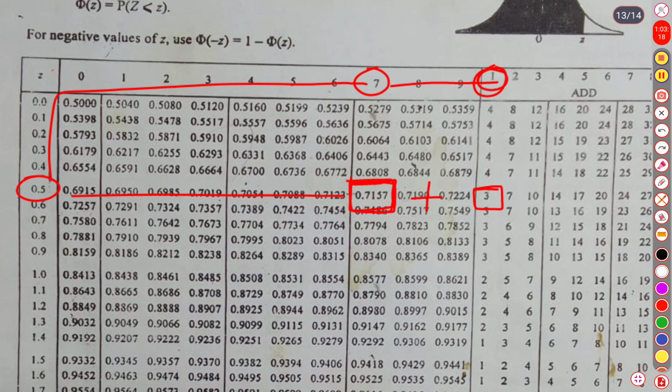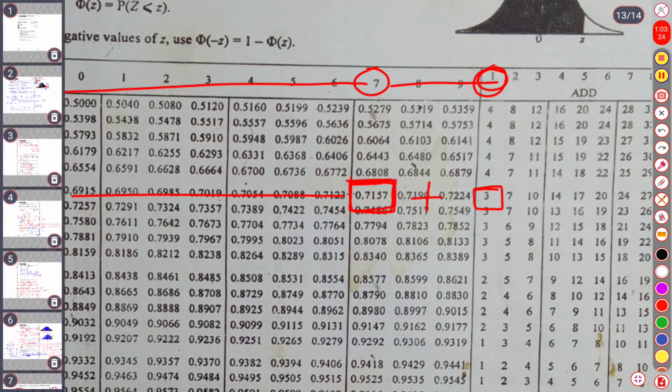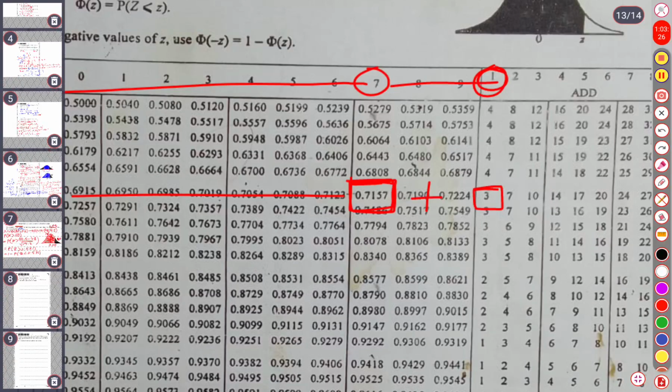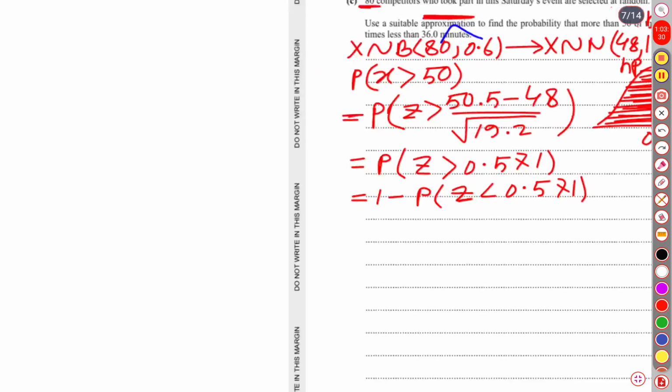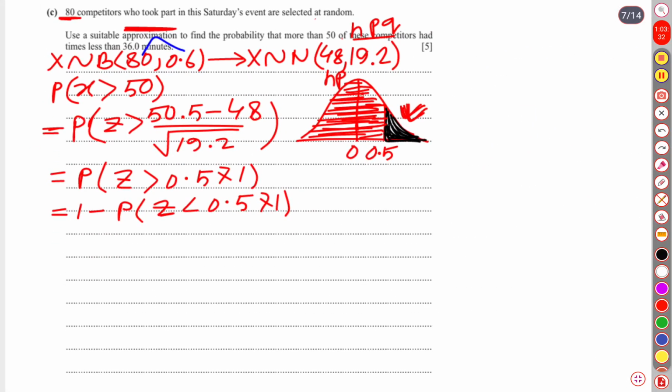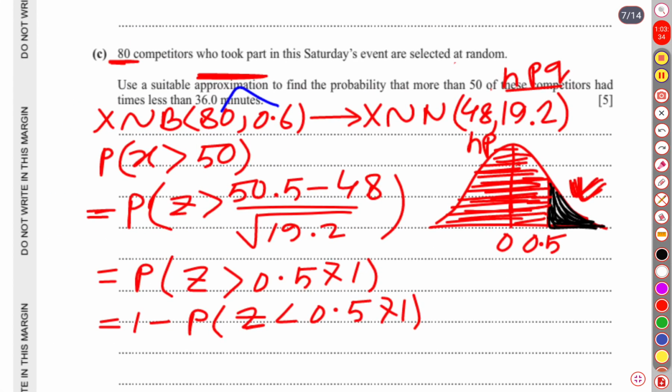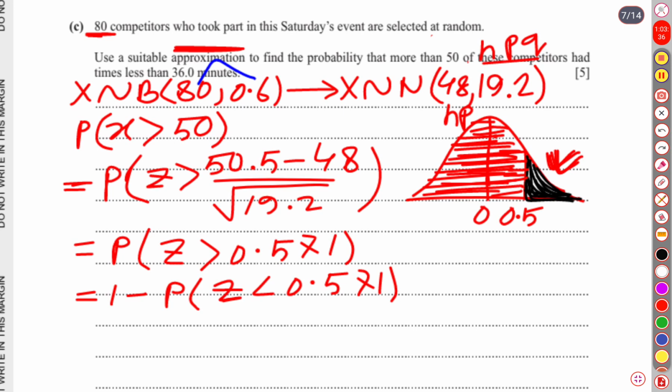So it is going to be 0.7160. So let it be written 0.7160.